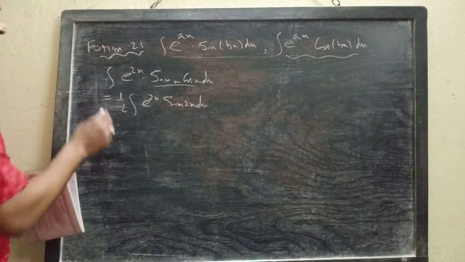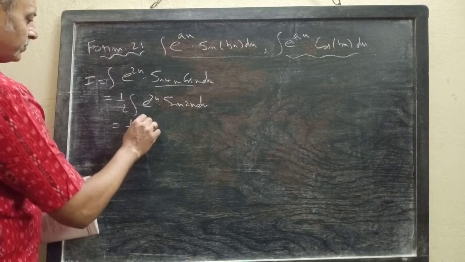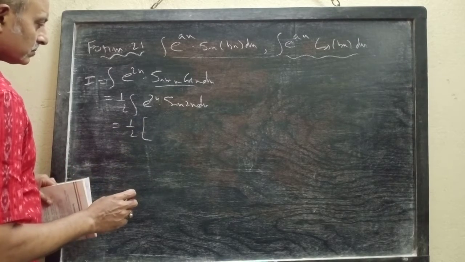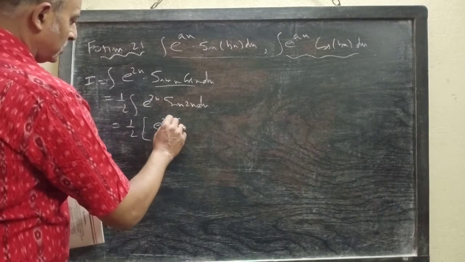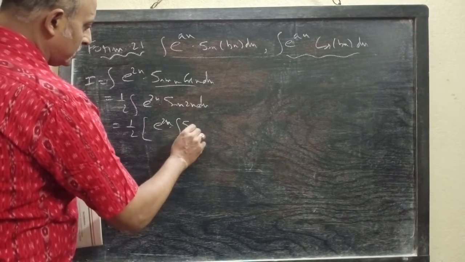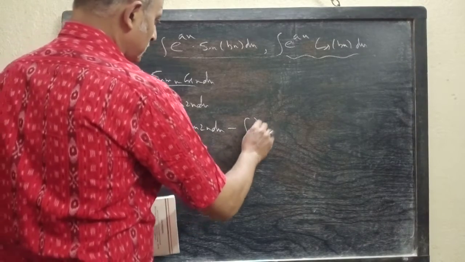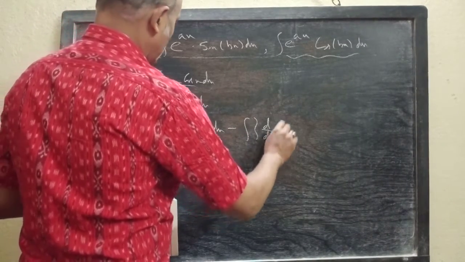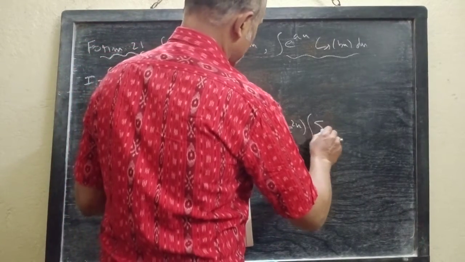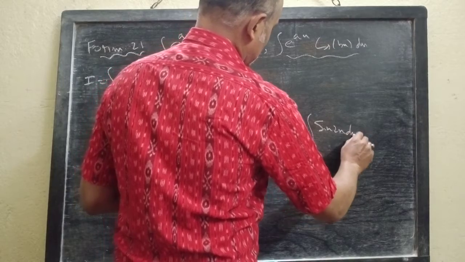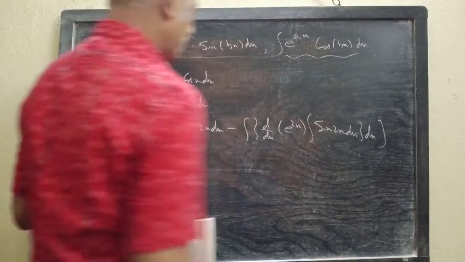Next, similarly, I equals this. So half, with e to the power 2x as the first function, integration sin 2x dx, minus integration of the derivative of e to the power 2x times the integral of sin 2x, dx.